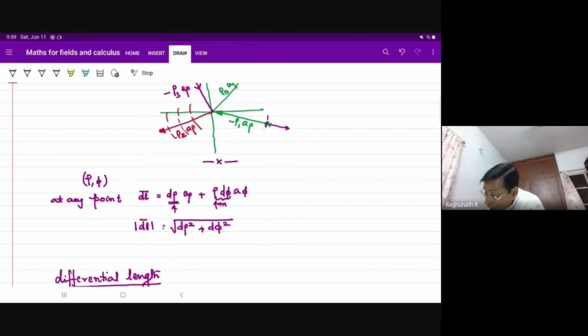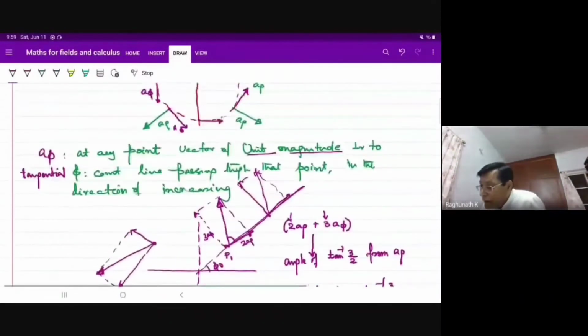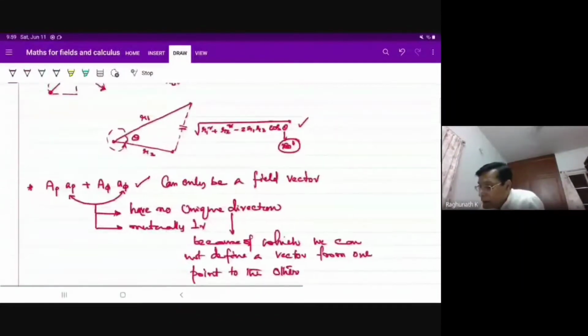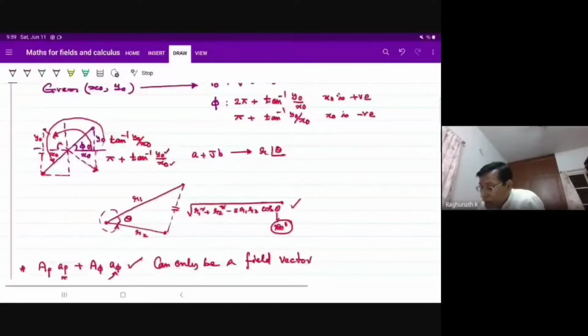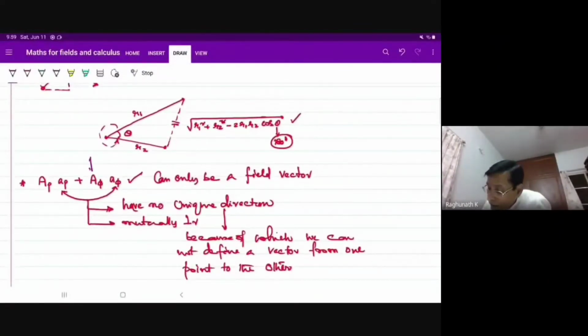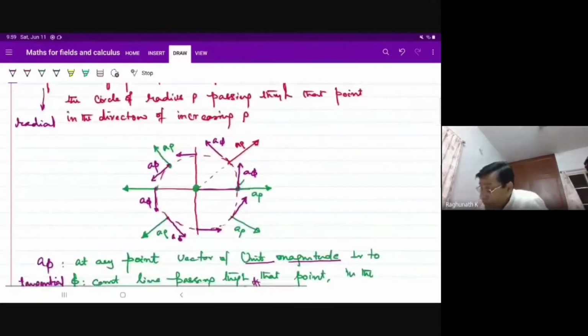Now rho d phi is in meters. d rho is in meter, rho d phi is in meters. Earlier, did I represent it as capital A phi somewhere? That was d phi. Now this is actually what?